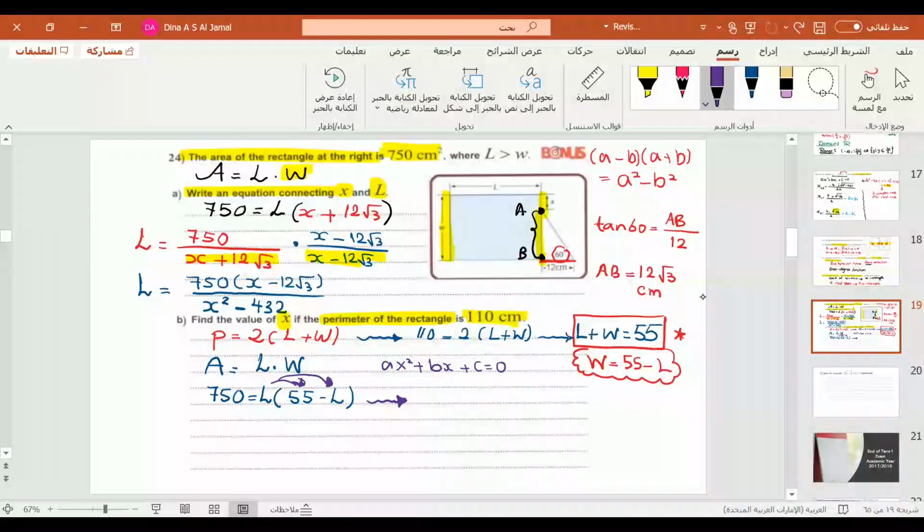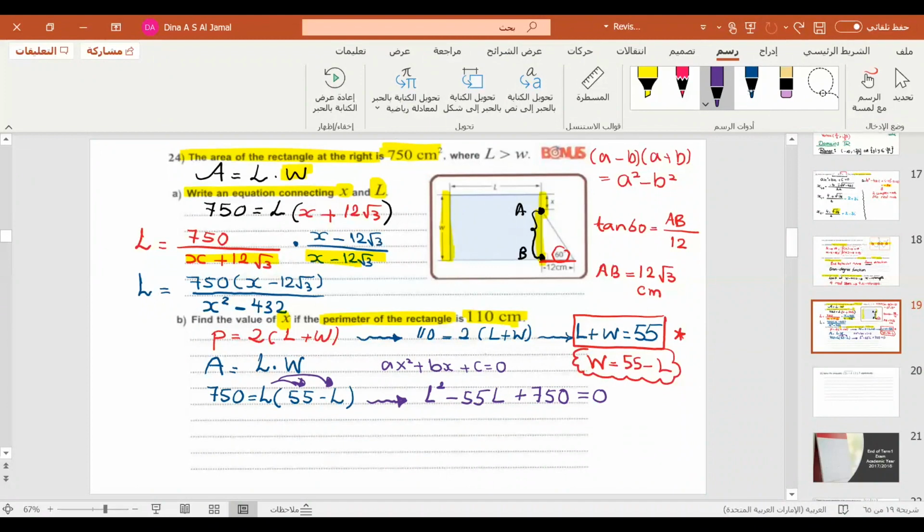After the distributive property and after moving 750, you will be having L squared minus 55L plus 750 equal to 0.